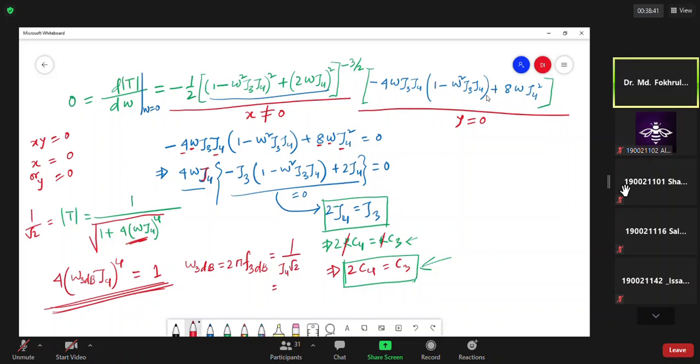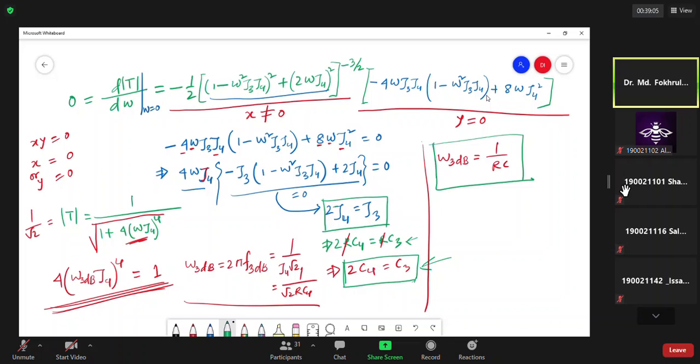So basically it will be 1 over root 2 RC4. But in general, we usually write omega 3 dB is 1 over RC, the 3 dB frequency.